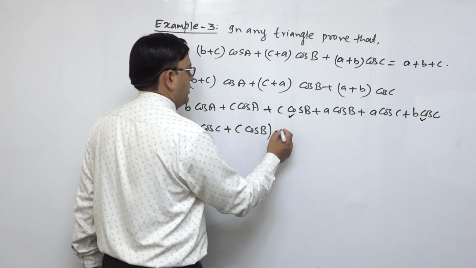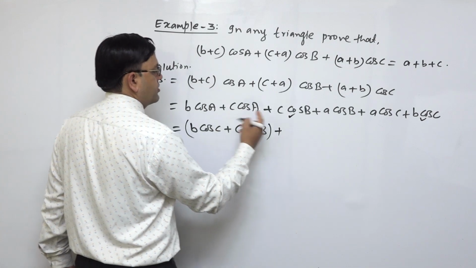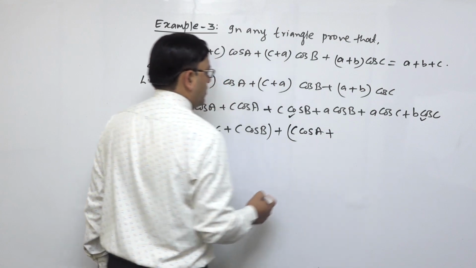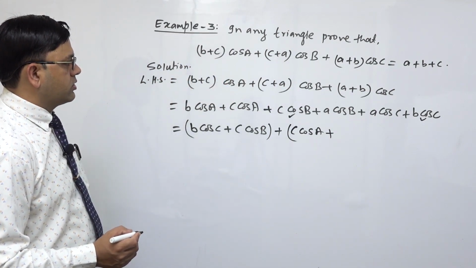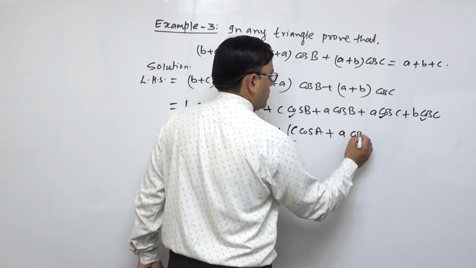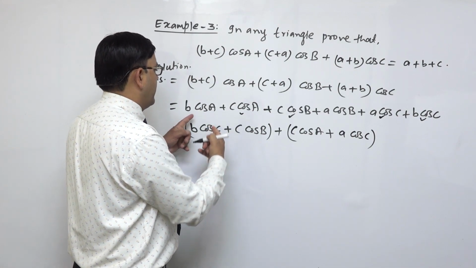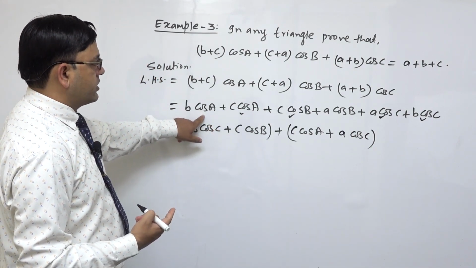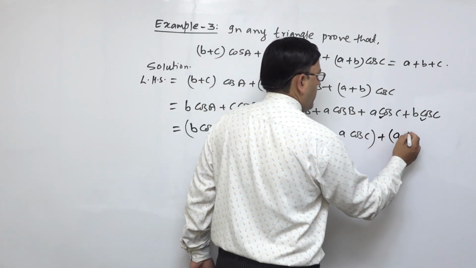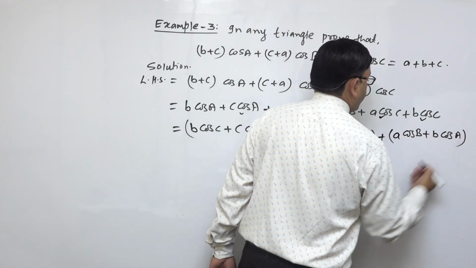Similarly, plus c cos A + a cos C. And then the remaining ones are b cos A and a cos B. So plus a cos B + b cos A.